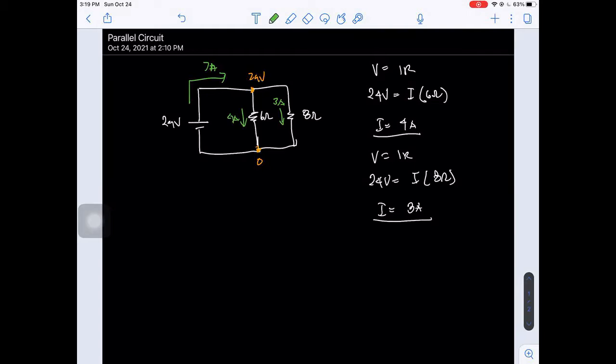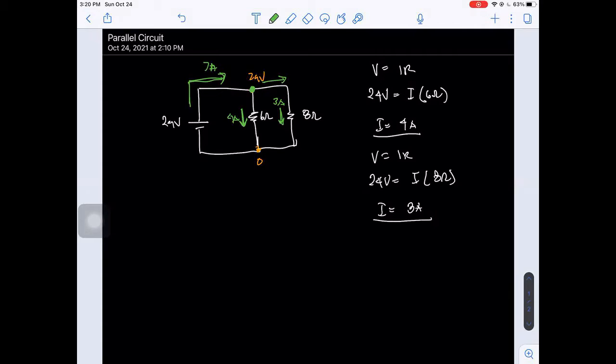According to Kirchhoff's current law, the current entering a junction is equal to the current leaving it. Let's say, for example, in this case, we have this branch. There is a current that will flow in the 6 ohm resistor, and also a current flowing in the 8 ohm resistor, which is 3 ampere rather.